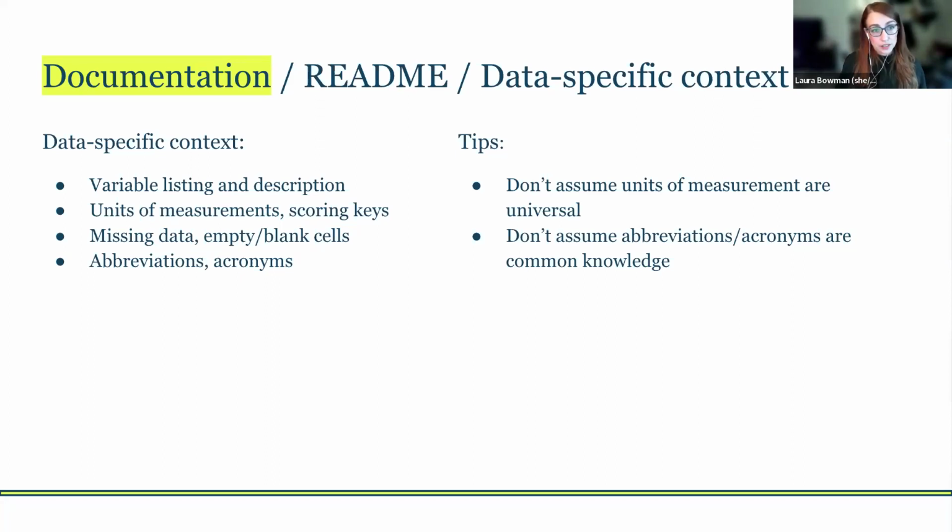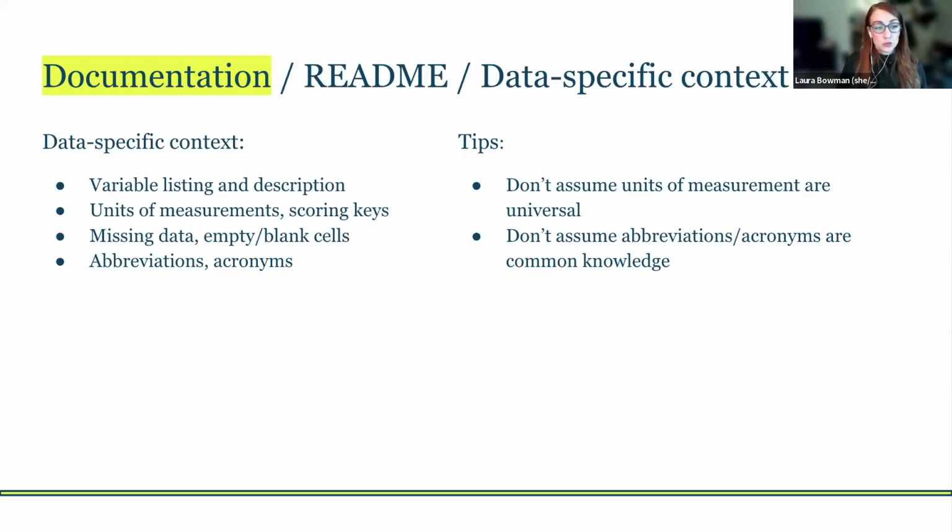Just listing the variables is not super helpful, but describing each of them is super helpful. And part of describing them is including units of measurements, very important, and scoring keys, categorical variable possible values, anything that would help to decipher what the actual data points are.